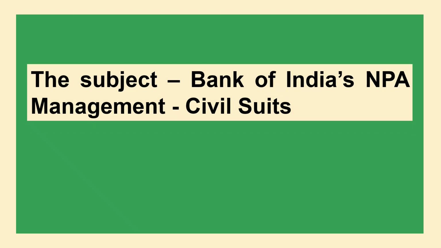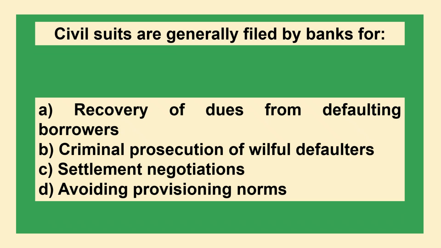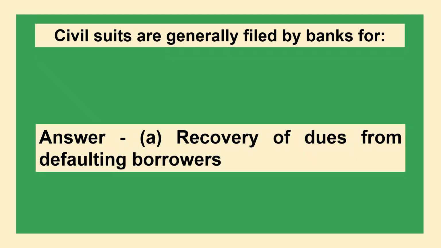The next subject is Bank of India's NPA management, civil suits. Civil suits are generally filed by banks for option A, recovery of dues from defaulting borrowers, option B, criminal prosecution of willful defaulters, option C, settlement negotiations, option D, avoiding provisioning norms. The answer is option A, recovery of dues from defaulting borrowers.